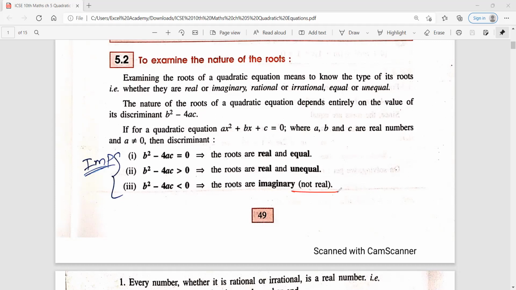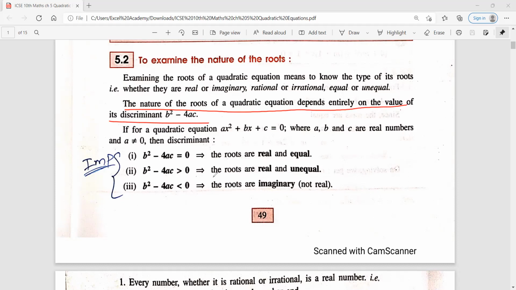Don't say unreal, because in English unreal means surreal, something very great. So don't say unreal, use imaginary. So the nature of roots of a quadratic equation depends entirely on the value of the discriminant.